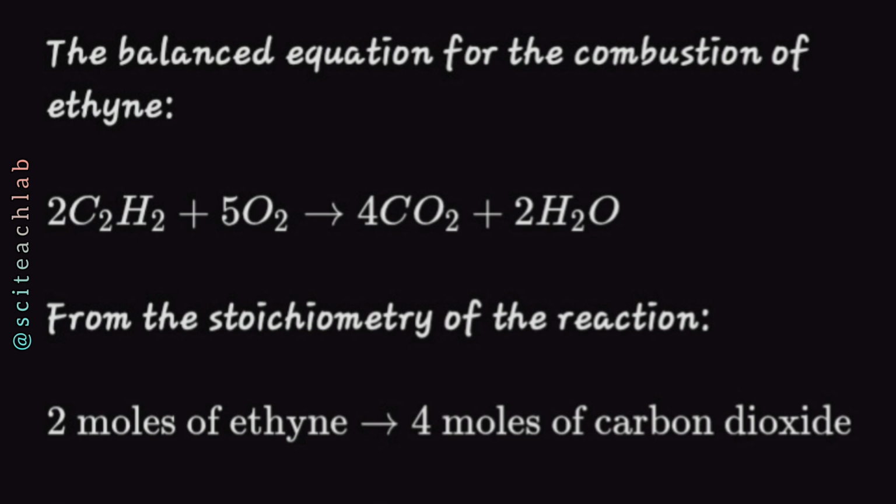Now, this question didn't give you any reaction equation. So we have to create a reaction equation from the reaction we see in the question. So we are told that ethane was burnt. So we write the formula for ethane, C2H2, first.